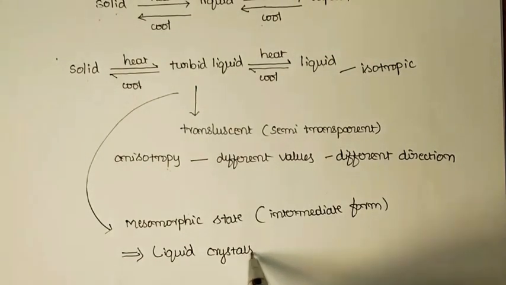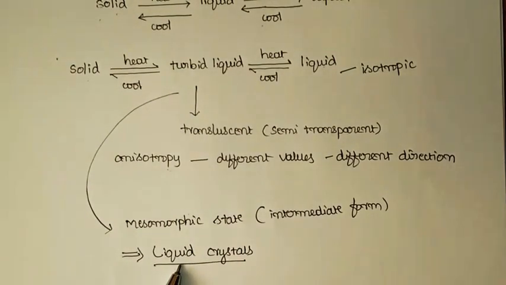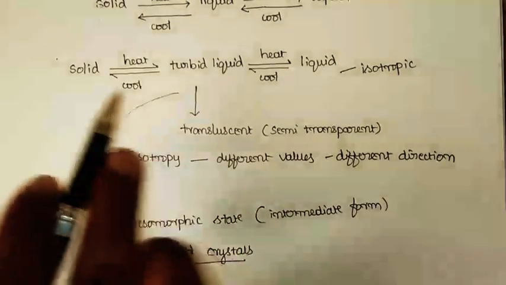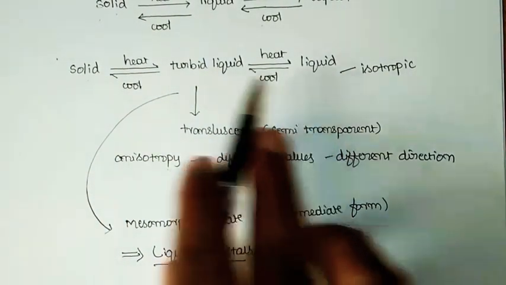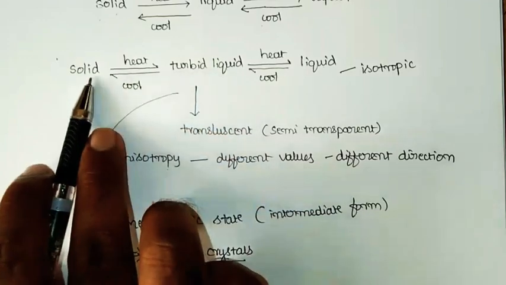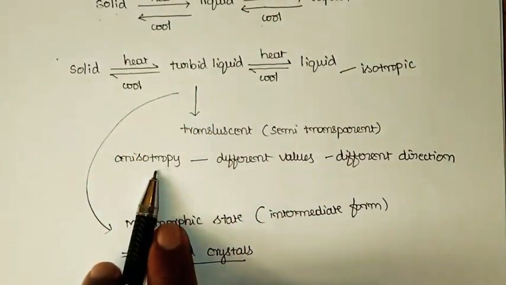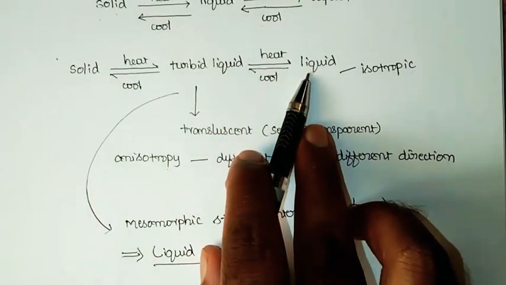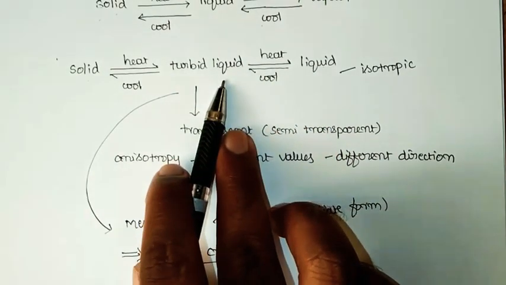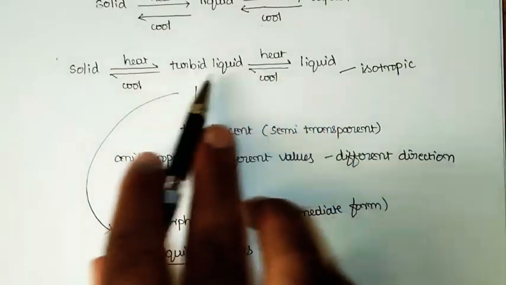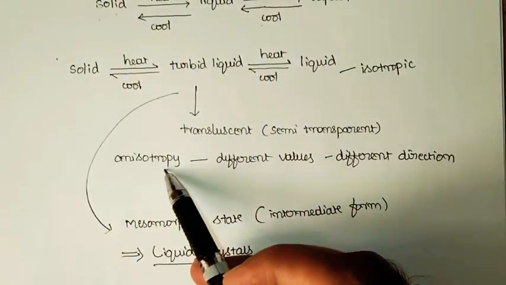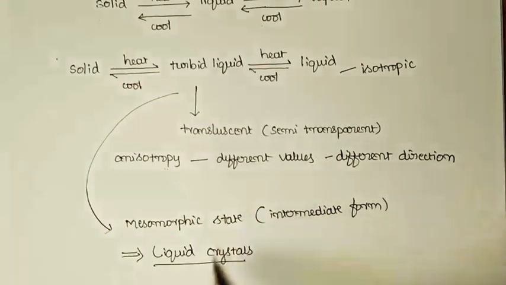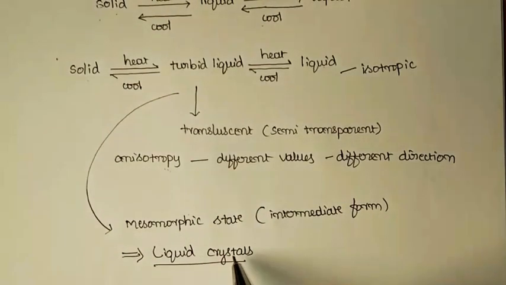So liquid crystals are materials in an intermediate form between a pure crystalline solid and a true liquid, which exhibit the properties of both crystalline solids, such as anisotropy, and of a pure liquid, such as fluidity. So like a liquid, a turbid liquid shows fluidity, and like a pure crystalline solid, it exhibits anisotropic character. That's why we call them liquid crystals.